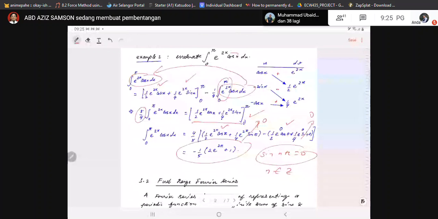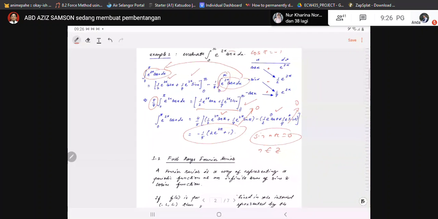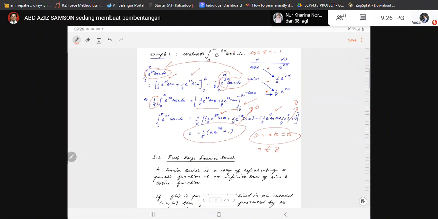Please remember that cos pi is equal to minus 1. So that's why we have these expressions. Okay, can you understand? Yes sir. Okay, if you can understand, you do it yourself. So this is the review on the integration by parts.